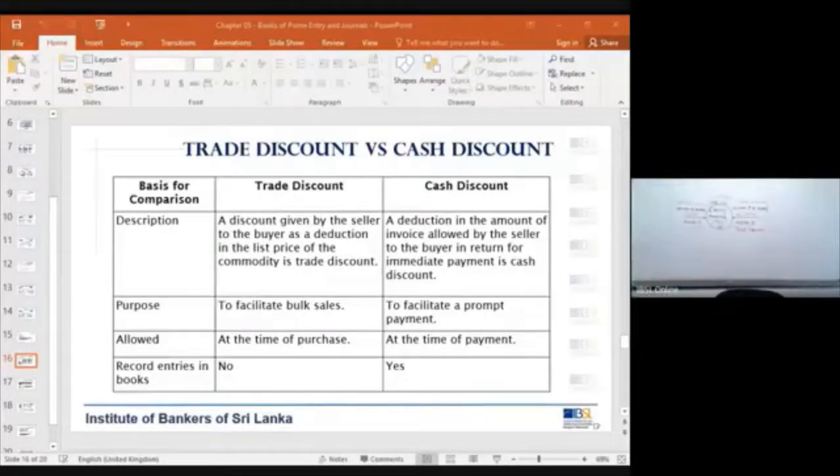You see, what is a trade discount and what is a cash discount? So the objective here is, why PQR company would give a trade discount is to encourage bulk sale, because they want to sell in bulk and this person wants to buy in bulk. Okay, so when there is a bulk purchase happening, the seller would like to give a discount to the buyer, which is called the trade discount.